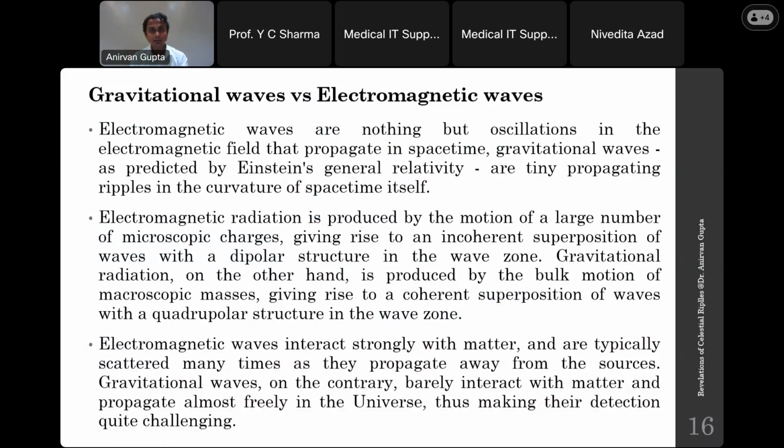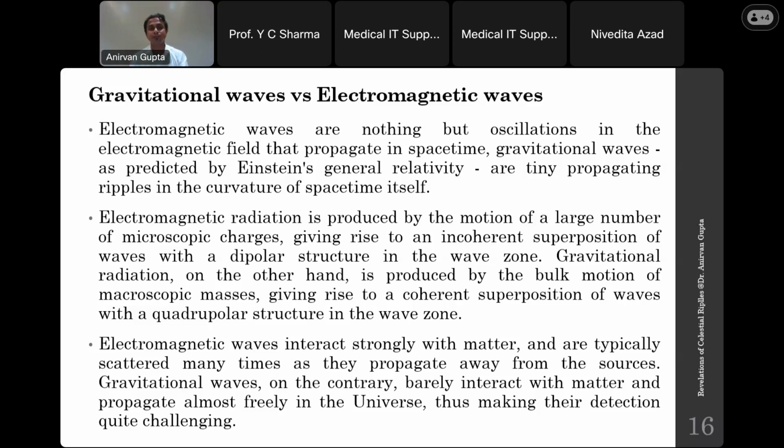While electromagnetic waves are nothing but oscillations in the electromagnetic field that propagate in space-time, gravitational waves, as predicted by Einstein's theory of relativity, are tiny propagating ripples in the curvature of space-time itself. These ripples are generated and move about at almost the speed of light.